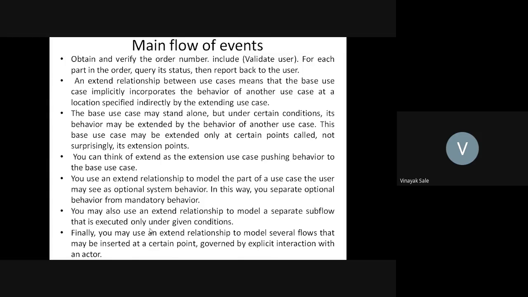You may also use an extend relationship to model a separate subflow that is executed only under given conditions. Finally, you may use an extend relationship to model several flows that may be inserted at a certain point governed by explicit interaction with an actor.